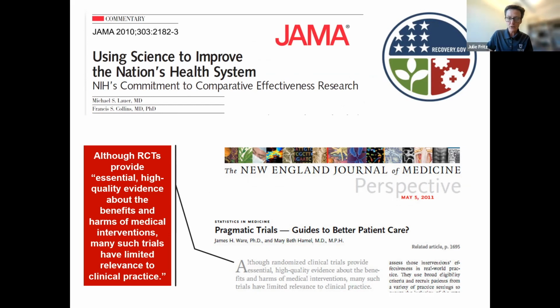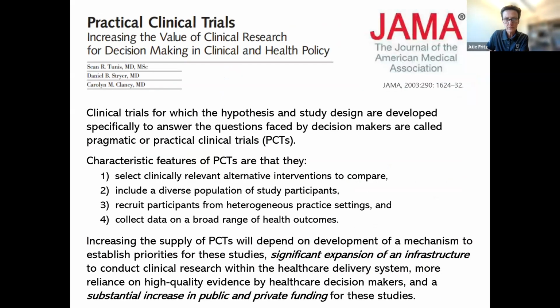So you see the dates here on a couple of additional editorials from this time that, again, were recognizing the same concern, that randomized trials often have limited relevance to clinical practice, and specifically because they're not designed with informing clinical choices at the front of people's minds. So again, this is from the early 2000s, recognizing that pragmatic clinical trials have some unique attributes.